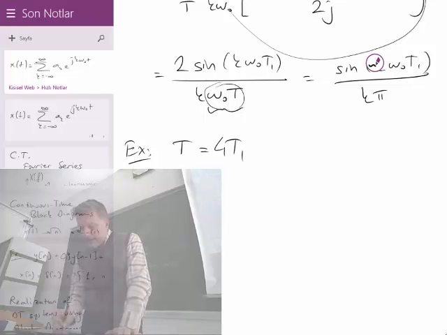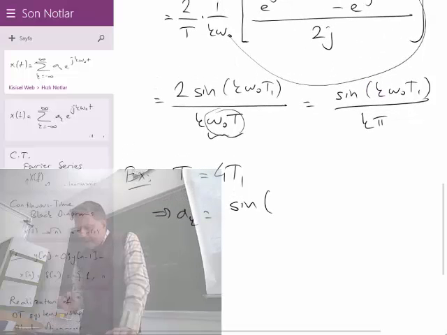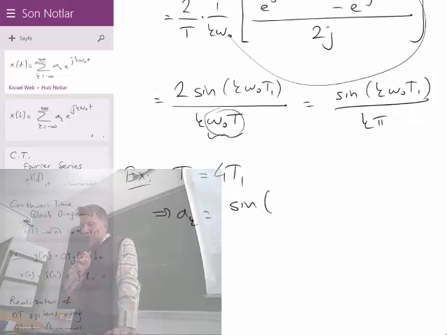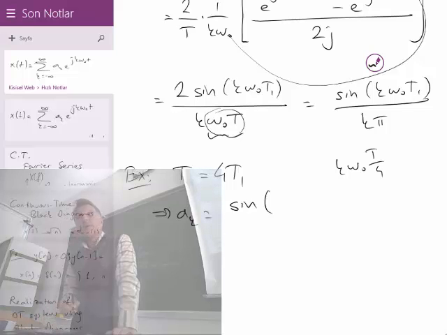If that is the case, then a_k will be equal to sine. Now look at the formula. k times omega 0 times T1, and T1 is capital T over 4. So k times omega 0 capital T over 4, and omega 0 is 2 pi over capital T. Those capital T's are cancelled.